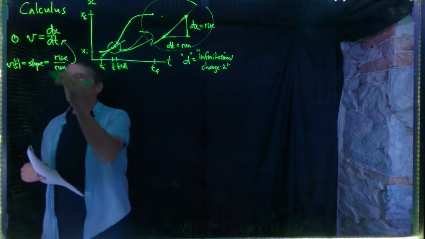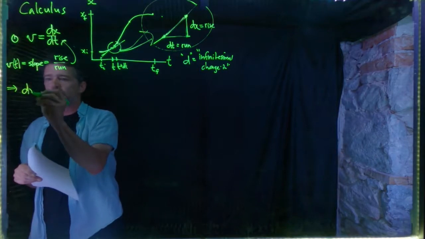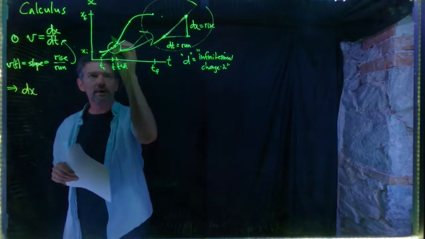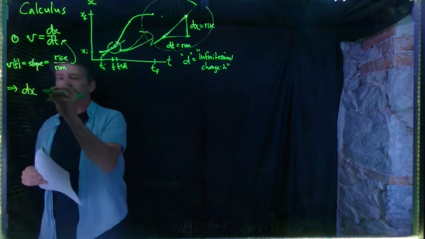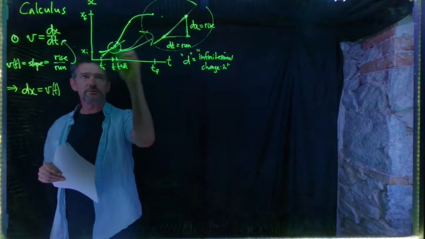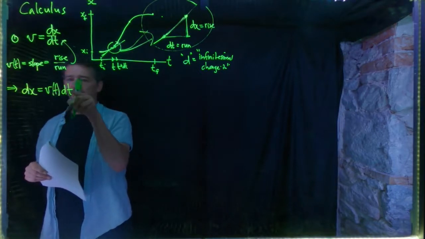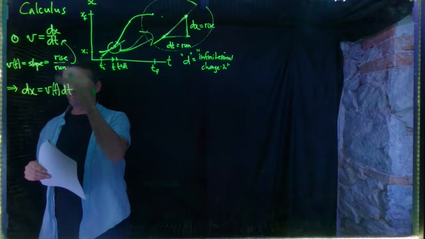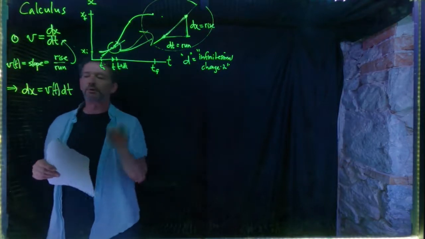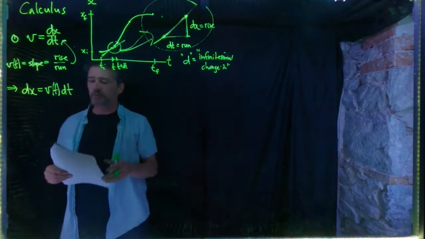This equation implies that dx, the rise when you go from this time to this time, is equal to the instantaneous velocity at that instant of time, the slope, times the run, dt. Meters per second times seconds is meters. This is the displacement along the x-axis during that small interval of time, dt, and the velocity is the rate at which that displacement is happening.